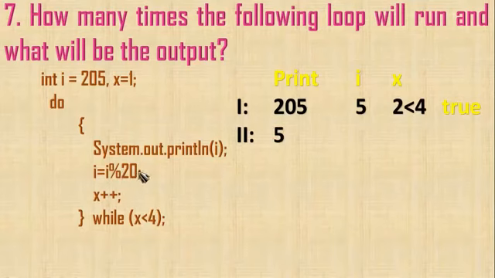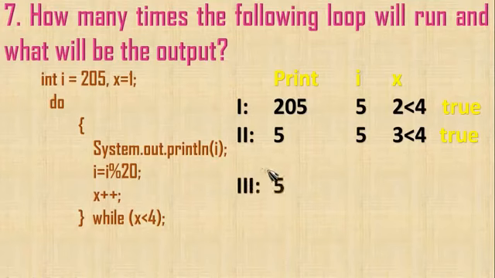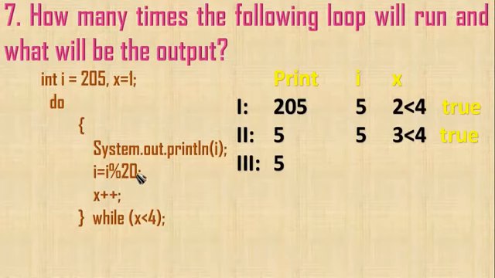Now already i's value is 5, so it prints 5. 5 mod 20 will be 5 only. x value will be increasing by 1, that becomes 3. That is also true, so it will go to the loop again. Now i's value is 5 only, it prints. Again i mod 20 is 5 itself.